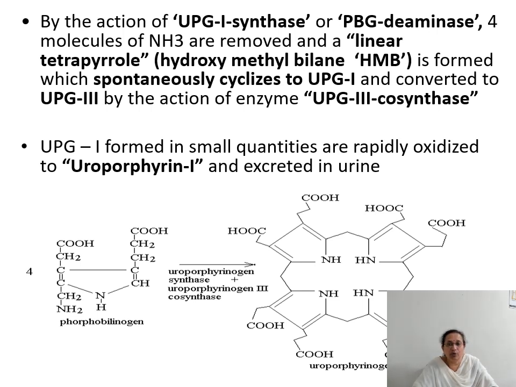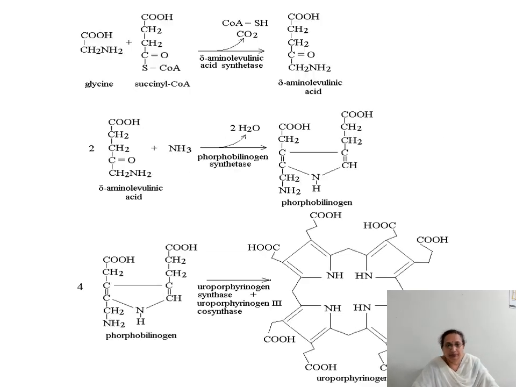Initially it forms a linear tetrapyrrole called hydroxymethylbilane, which spontaneously cyclizes to form UPG1. This UPG1 is acted upon by the enzyme UPG3 cosynthase, finally forming UPG3. This is uroporphyrinogen. Okay, don't try to write it as uroporphobilinogen. Bilinogen is something different from porphyrinogen.